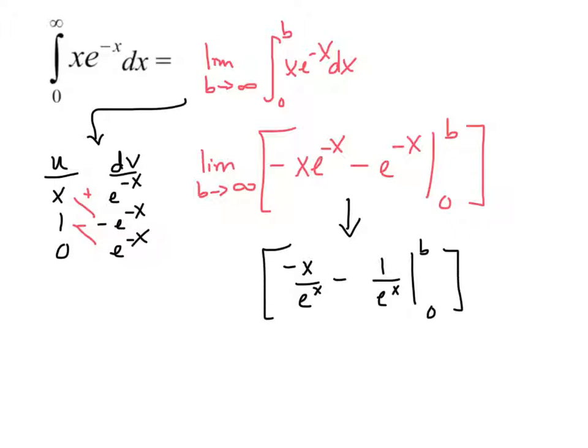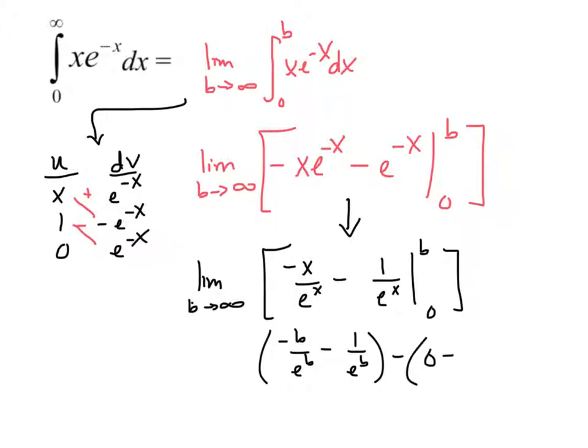So if I plug in b, let me write my limit statement here, I get negative b over e to the b minus 1 over e to the b. If I plug in 0, I get 0 minus, well, e to the 0, remember, is 1, so 1 over 1 is 1. And I'm taking the limit as b approaches infinity.